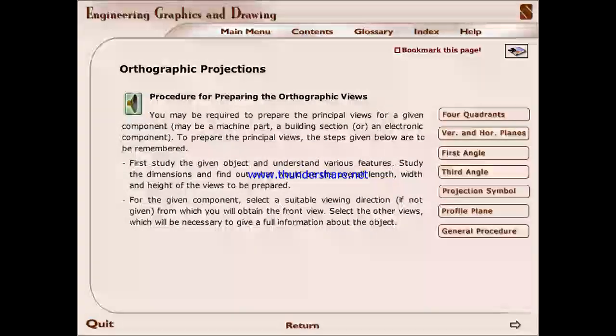For the given component, select a suitable viewing direction, if not given, from which you will obtain the front view. Select the other views which will be necessary to give full information about the object.